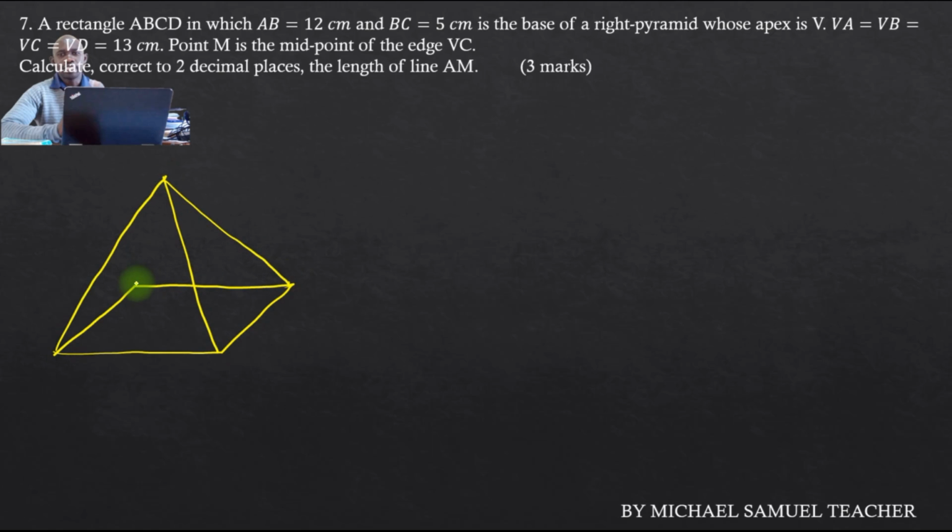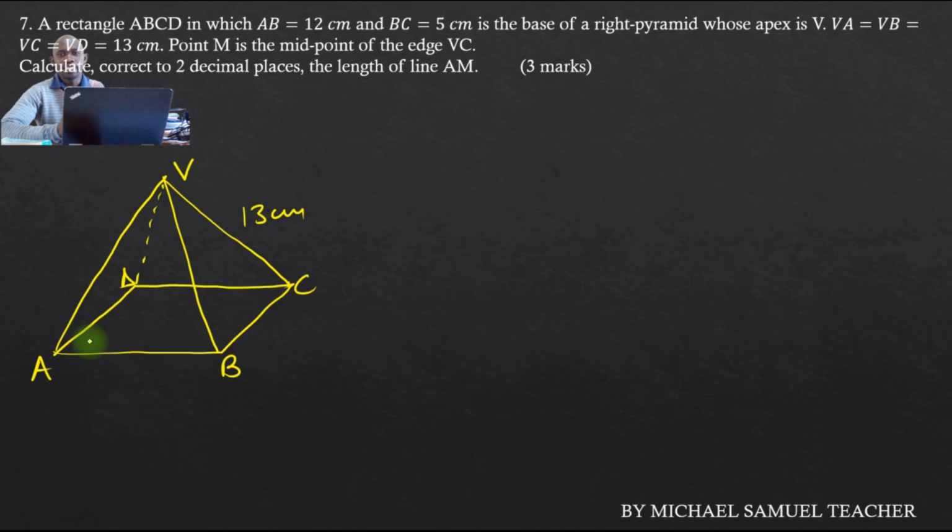So this is the pyramid whereby ABCD is the rectangle, and then V is the vertex, apex or vertex, then VA, VB, VC, VD are equal, and that is 13 centimeter.